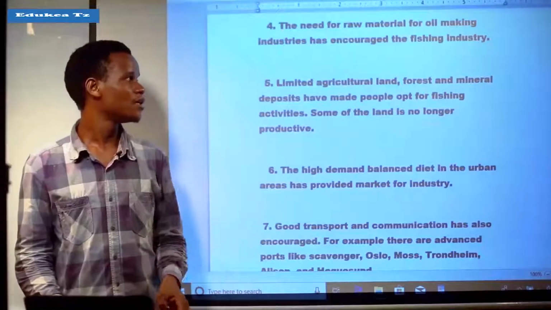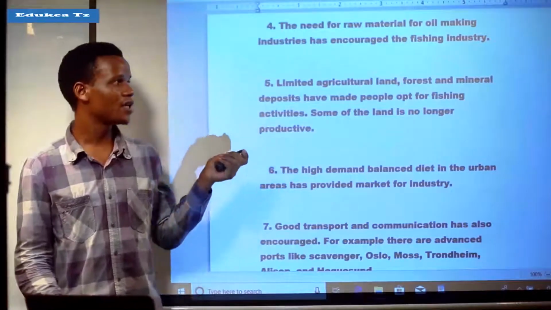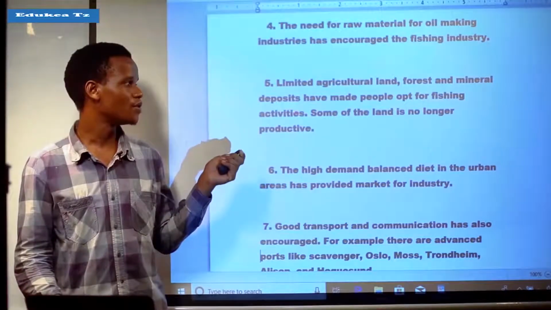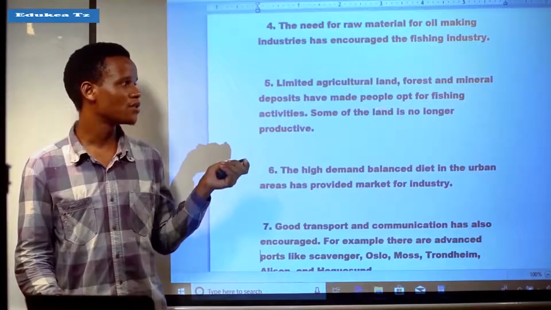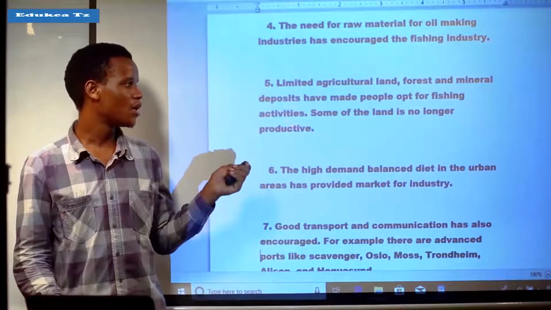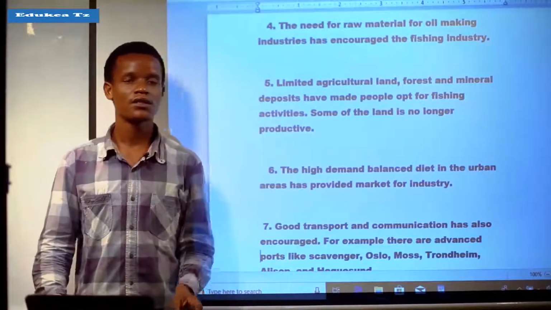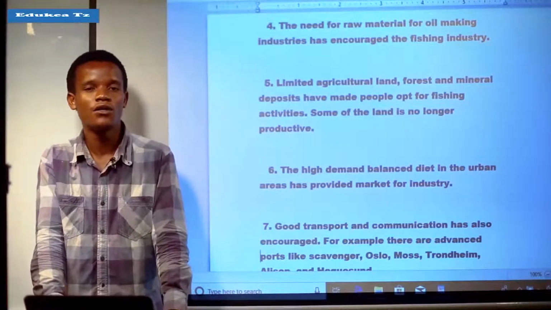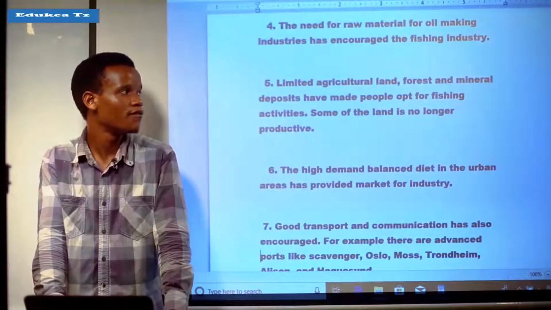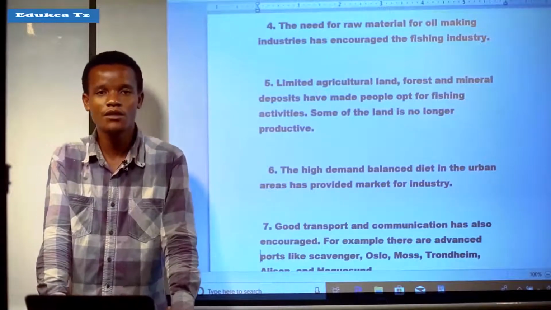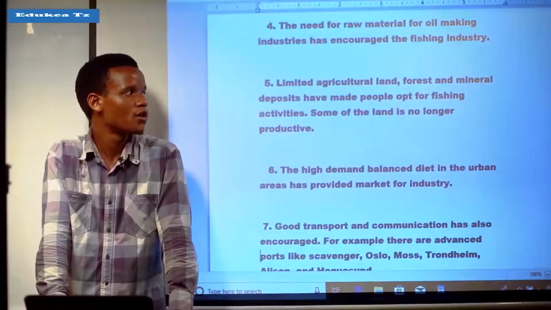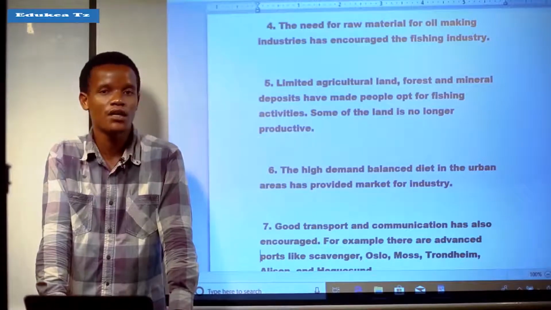So another factor is limited agricultural land, forestry and mineral deposits, which have made people opt for fishing activities. Some of the land is no longer productive. As we know, agriculture is not practiced well in the country of Norway, so many people tend to engage in fishing activities, and the government of Norway is supporting people in different ways so as to engage in fishing activities.